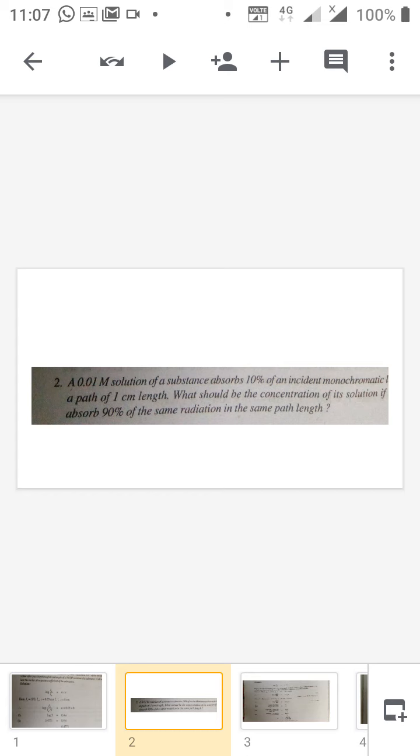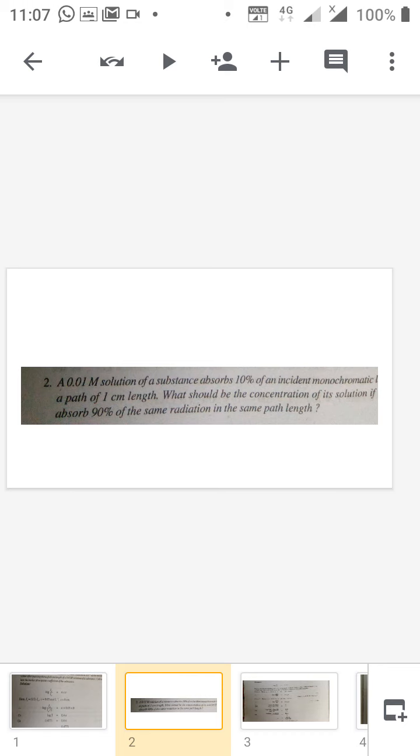They have given the concentration 0.01 molar solution, and it is given in the question that it absorbs 10% of the incident monochromatic light. So Ix: 10% is reduced, so it remains 90%. So I0 is 100% and Ix is 90.